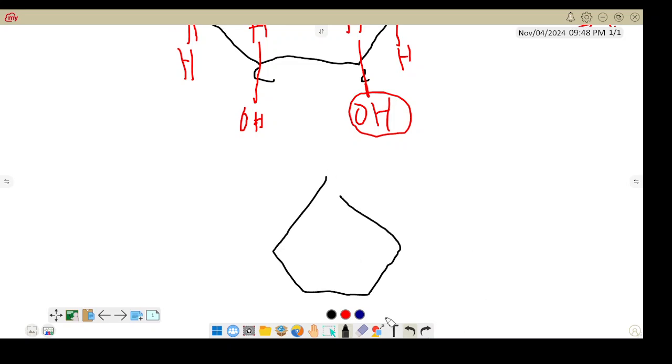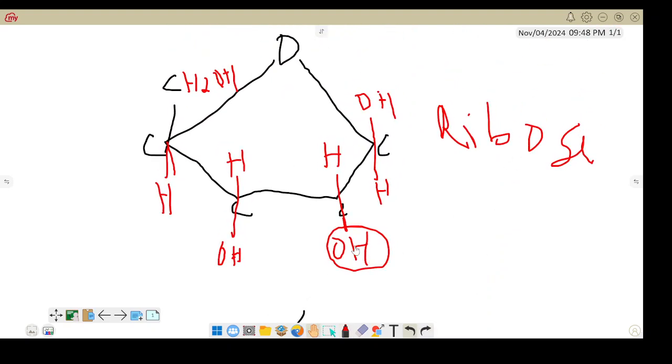Everything is very similar, but the difference will be here on carbon number 2: instead of having a hydroxyl, it would have just hydrogen. When we put hydrogen, it means that's a deoxyribose.